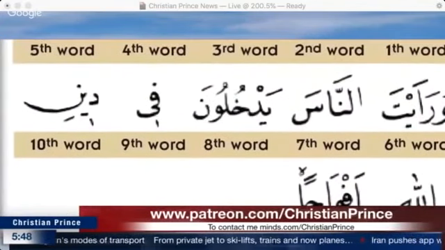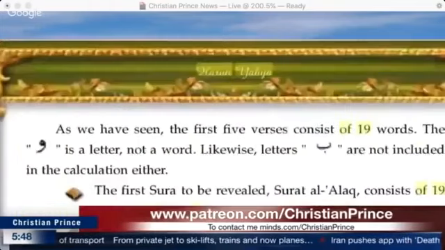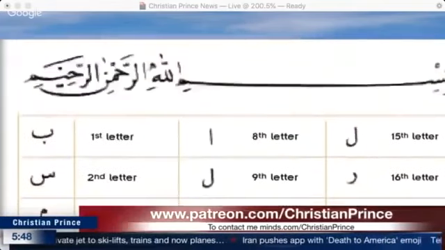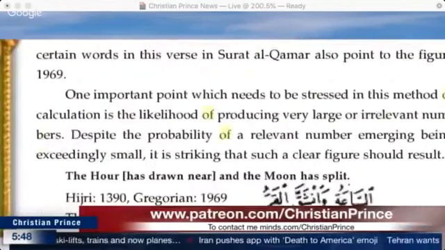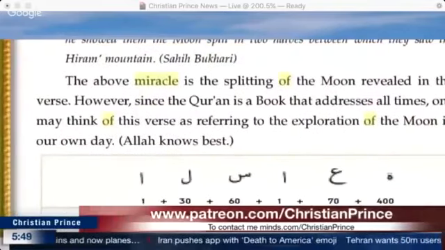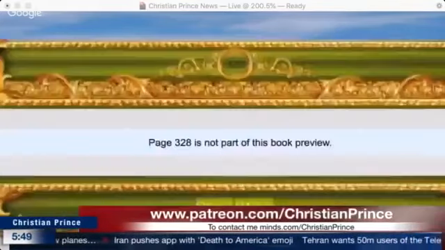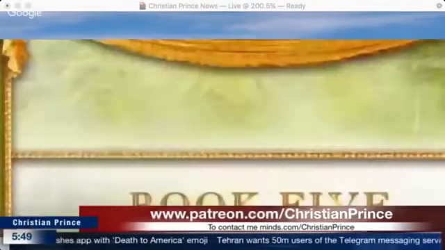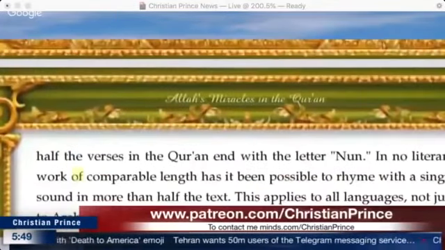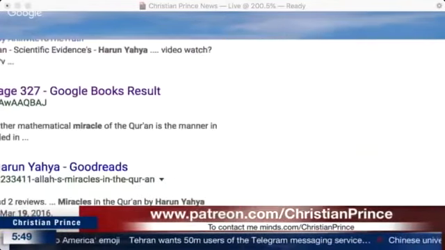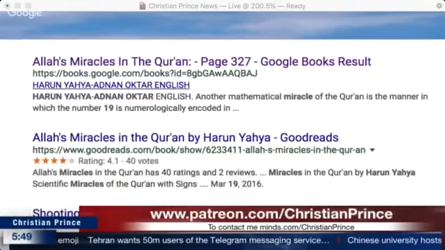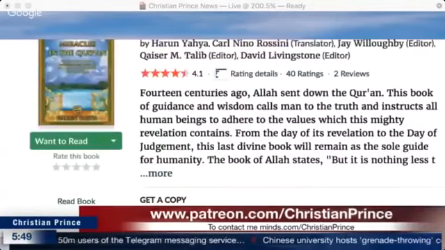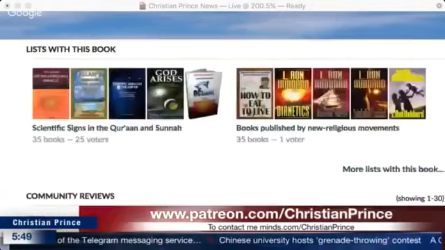See here, fi is coming as two words. I'm trying to find this guy. He used to have more tables, because that will make it easier for us to get them busted. Let me see, maybe if I scroll down I can find it. No, maybe not in this book. Hold on. Miracle 19.